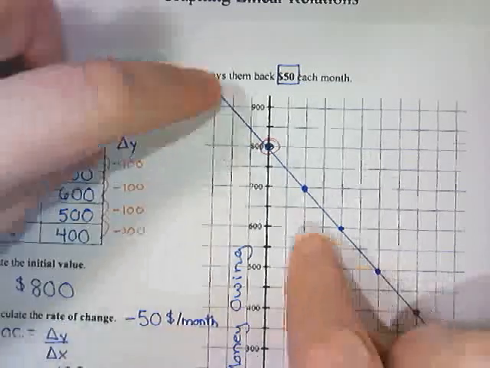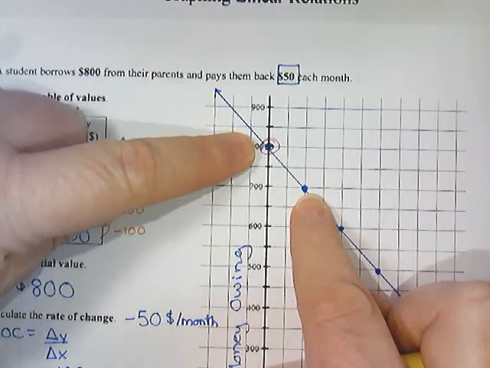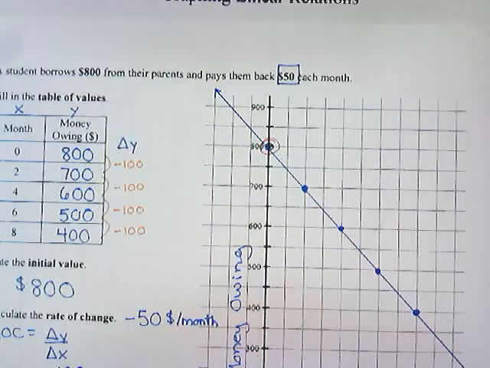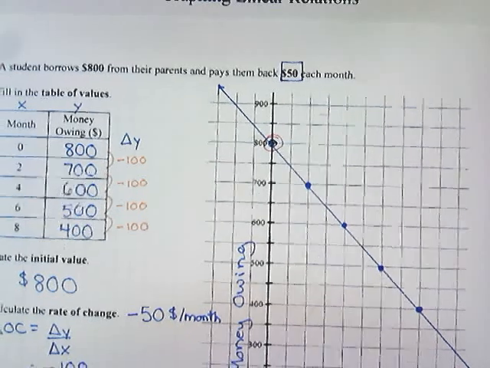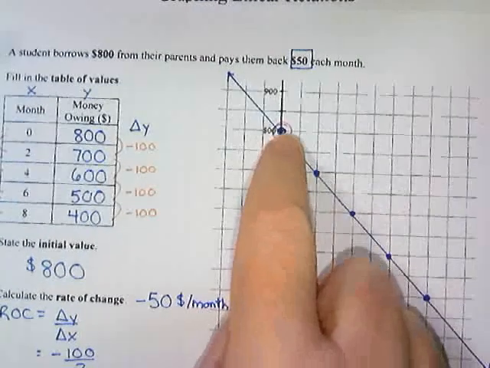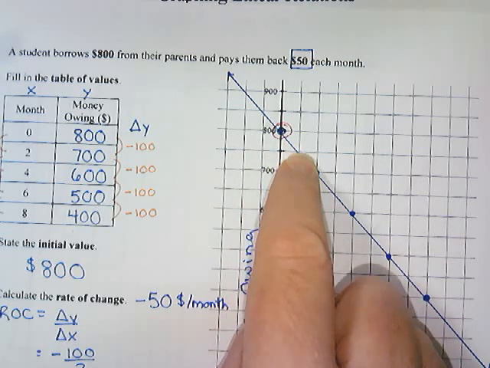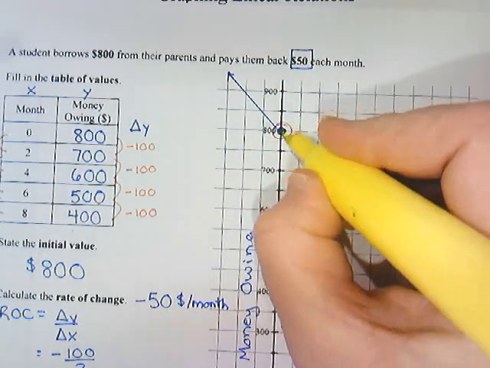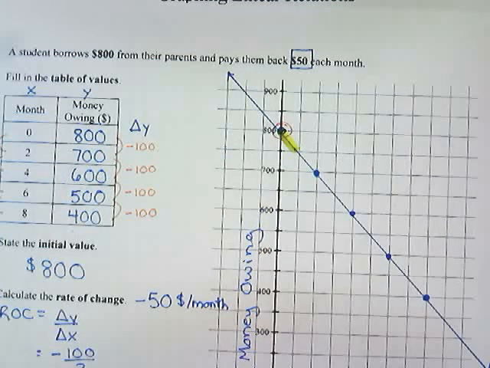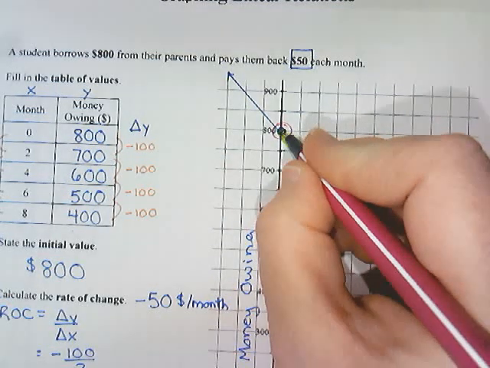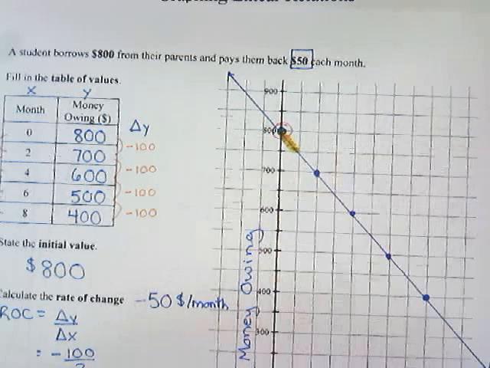The rate of change is how we get from one point to the next. So my rate of change is negative 50. The negative 50 means we are going down 50 and over 1. So it is actually just this little tiny bit right there, right? If you don't have a highlighter, you can scribble over it in marker.